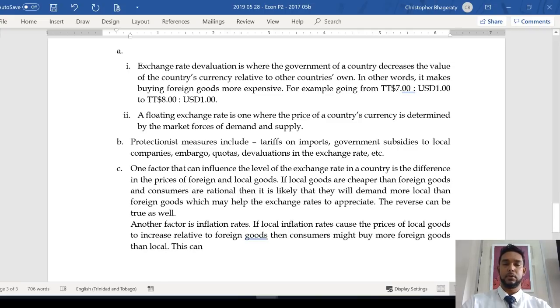This can, hold on, put a comma. This can put a strain on the exchange rate, causing it to depreciate.